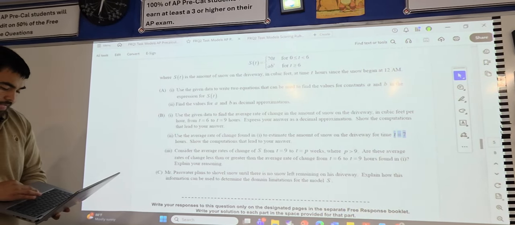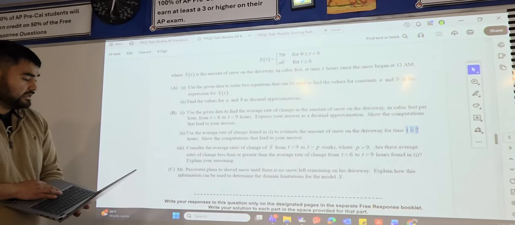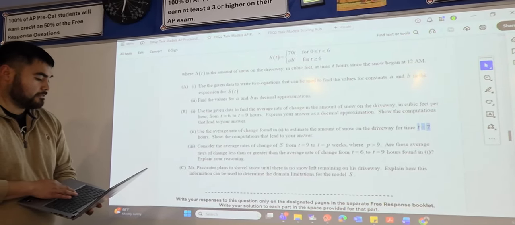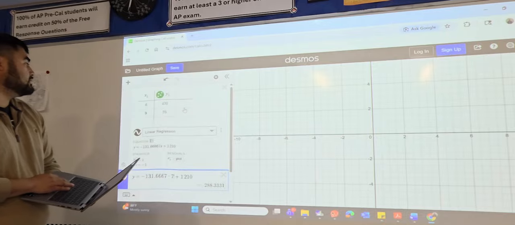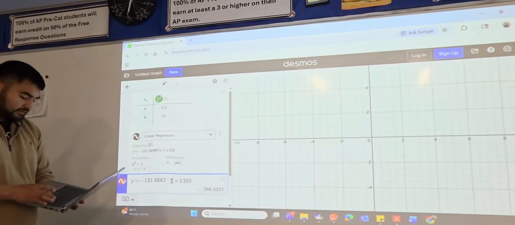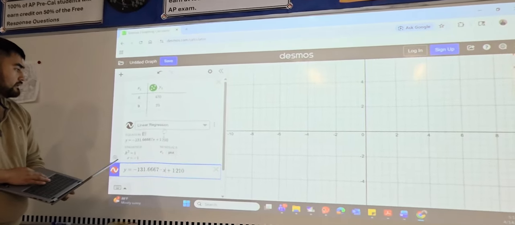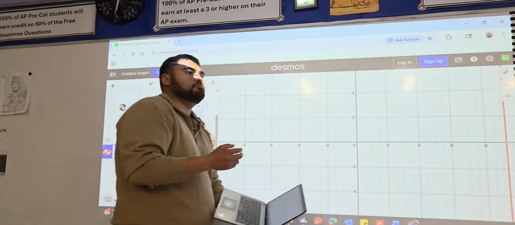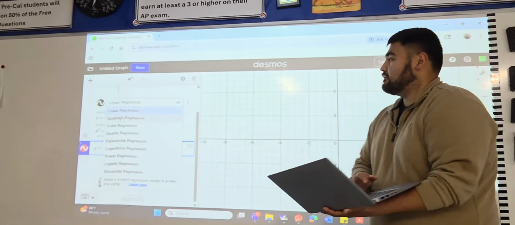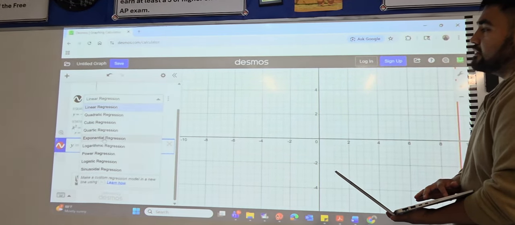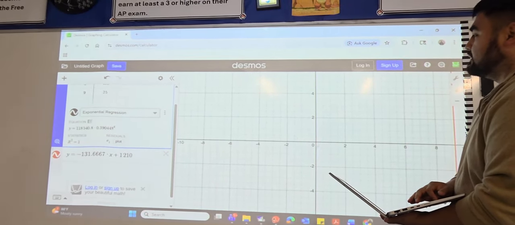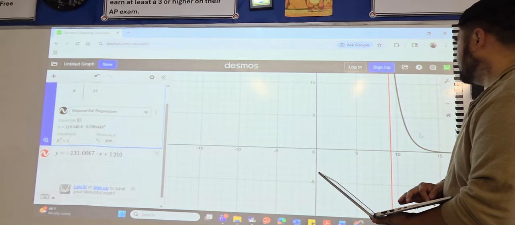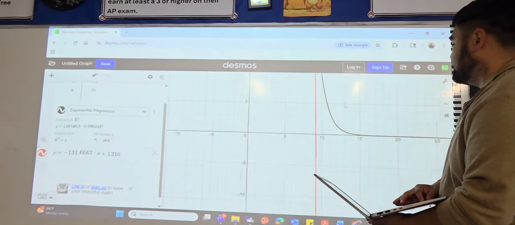So now, all that means is that it wants us to compare this linear regression, which in theory we call the secant line, to our exponential, which is this one. Let me zoom out a bit because we're in the big numbers.